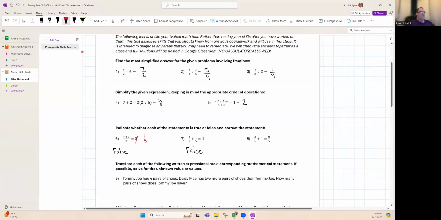It's equal to 74 over 35. Number 8 is also false, because it's not equal to 6/5. It's equal to 8/5.